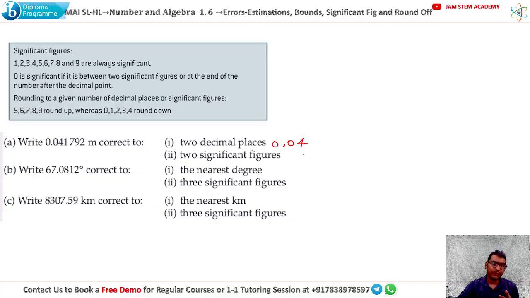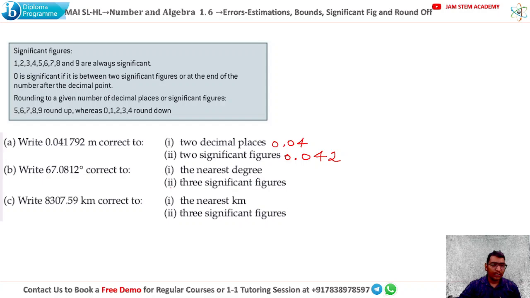For two significant figures, what is that? 0.0, no significant figure till this part. Next, yes, here I have the first significant figure. So I have to round to two significant figures. So I need one more digit. So 1 and next is 7. So check with respect to 7. 7 is more than or equal to 5. So yes, here I will get 2. So that's my answer. Okay.